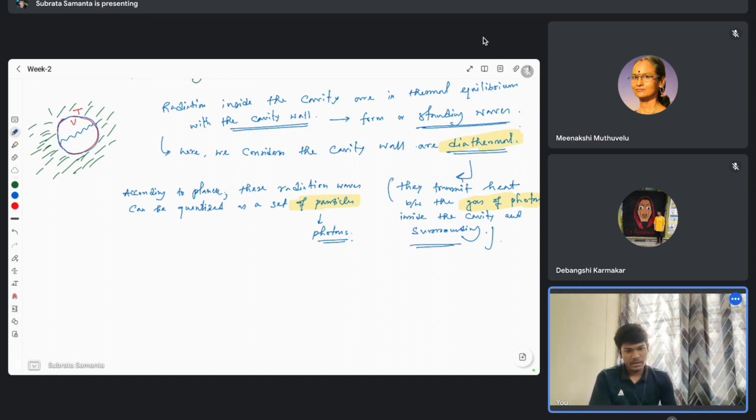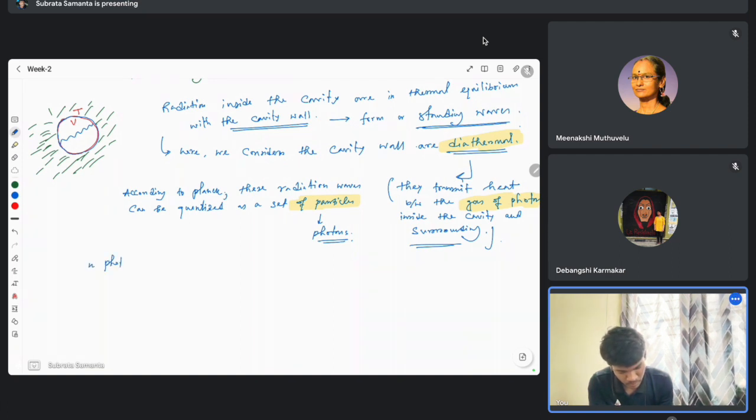Now consider n photons per unit volume inside the cavity.